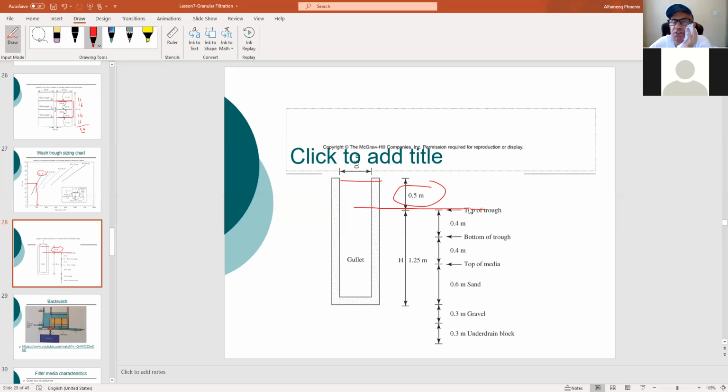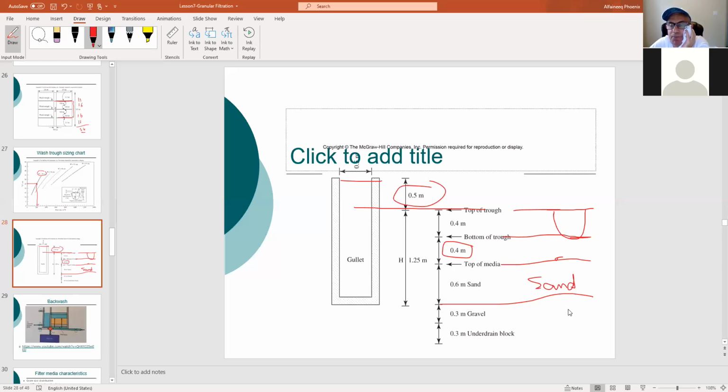This is the top of the trough, and this is the bottom of it. This is the top of the sand. Here is the sand, this is your filter, by the way. The 0.4 is just between the top of the sand and the bottom of the filter itself.